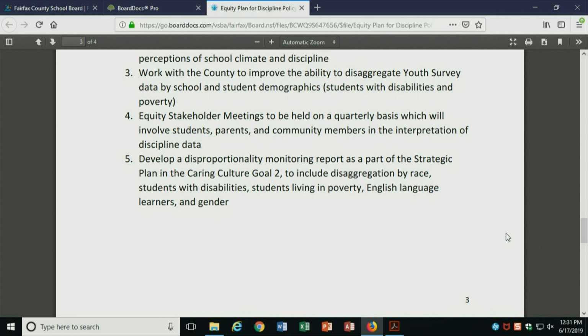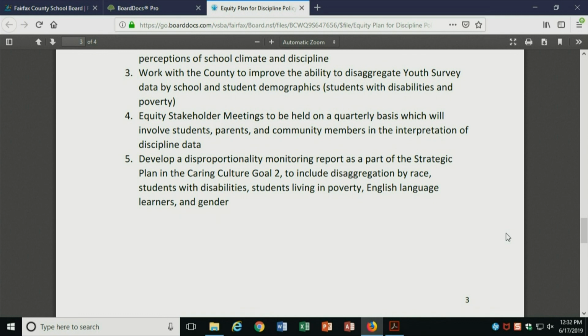But up to this point it's really been about what the board asked us to do, which was to monitor the implementation of our equity resources, and I understand we're going to be coming probably in September to provide a report from that group. But we want to shift that group to not just implementation of the plan, but also to look at data and discipline data, and include their voice and their perspective in that discussion, as opposed to just overall implementation of our resources.